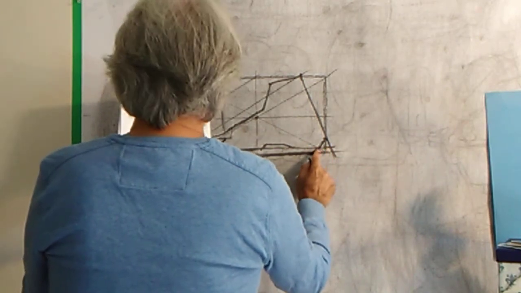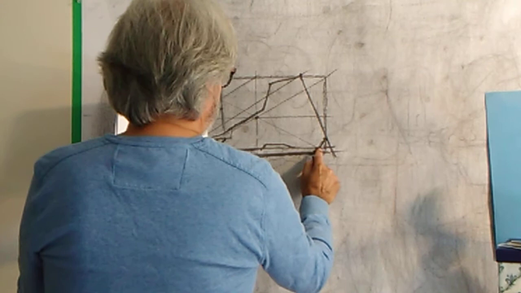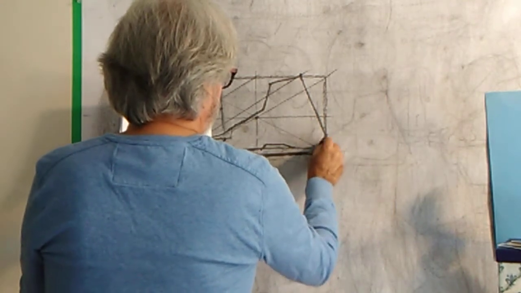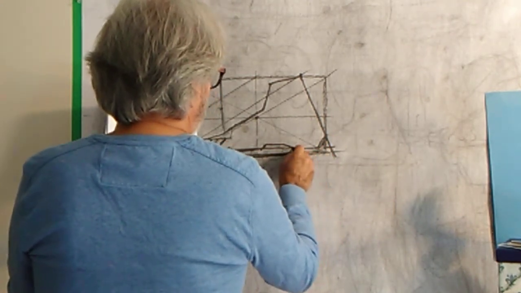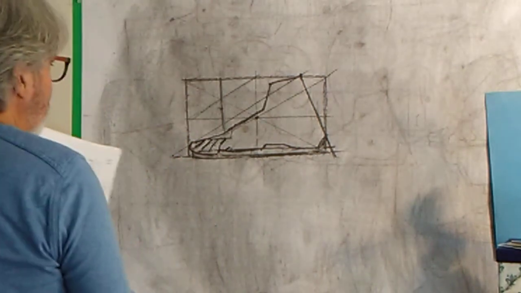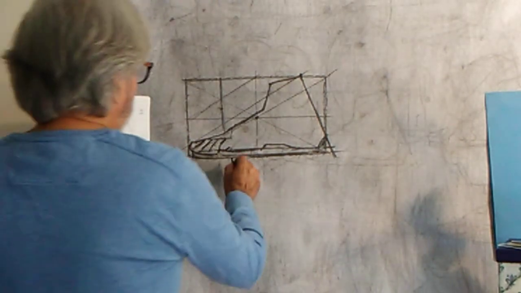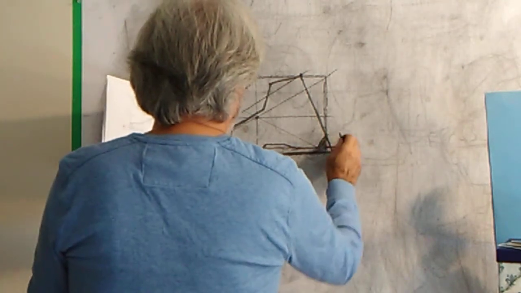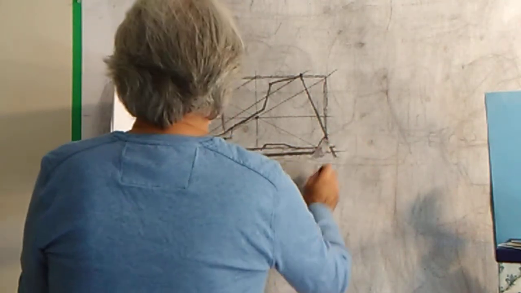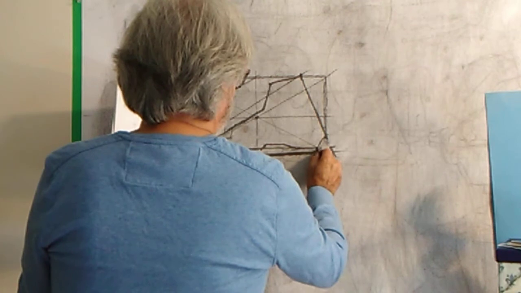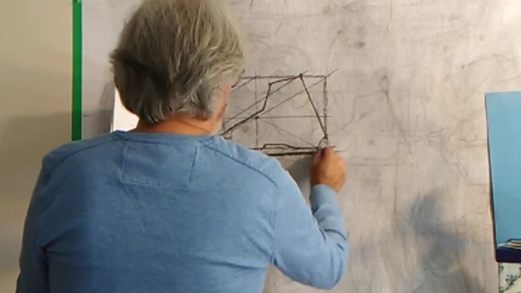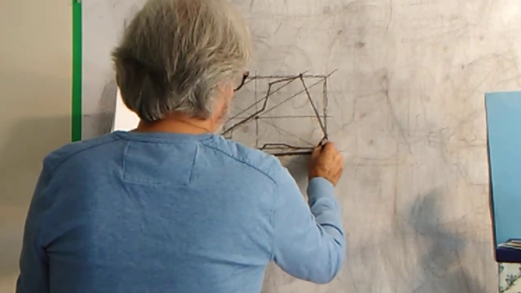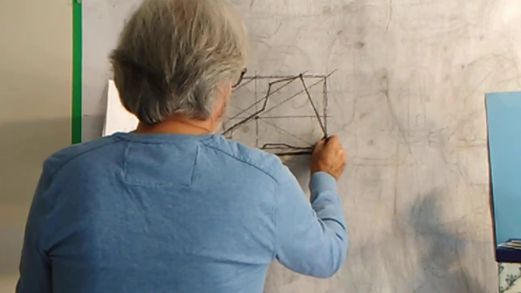And then this is going to stop here at the back of the foot, and this is going to come through. So it's going to give us the placement of the toes, the base. The bottom of the base here will be here, and then the foot will just make its angle right here for the heel.